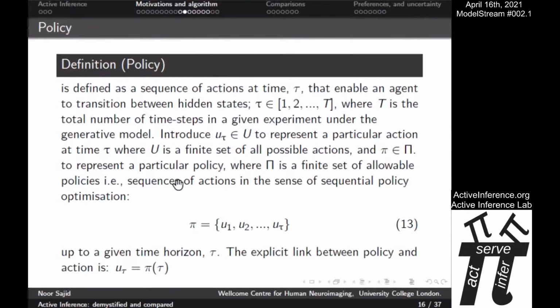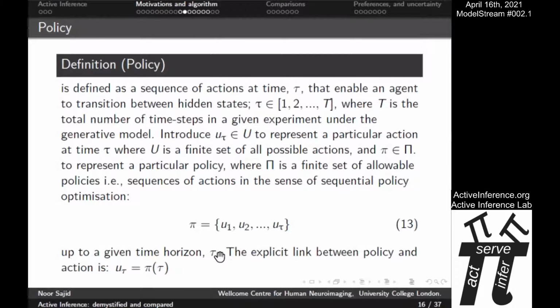The first is an action conditioned on tau, denoted by u tau, which exists within a finite set of all possible actions that the agent can take. The second random variable is the policy, pi, which exists within a finite set of all possible policies or sequences of actions, in the sense of the sequential policy optimization we're interested in here.